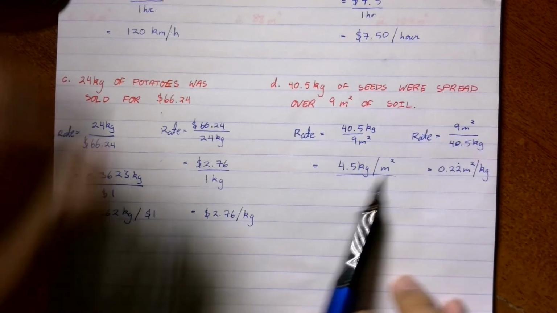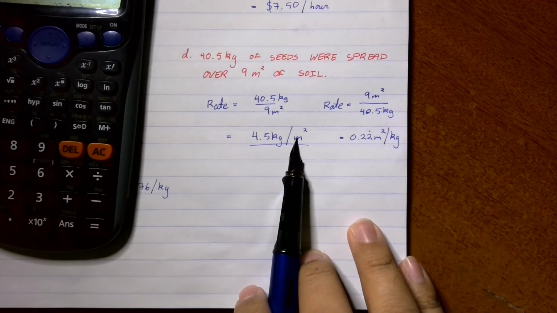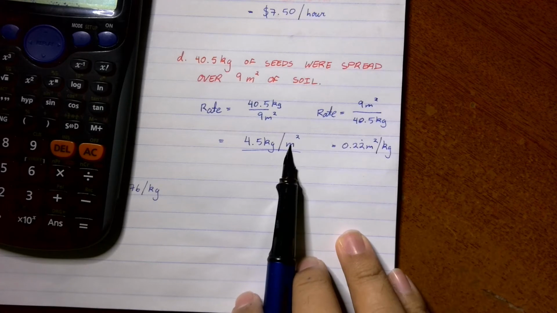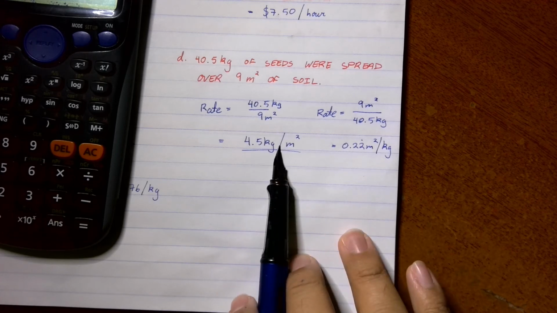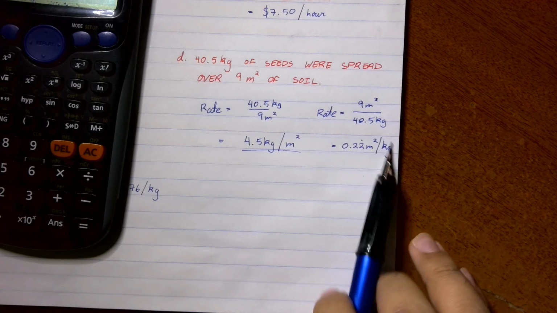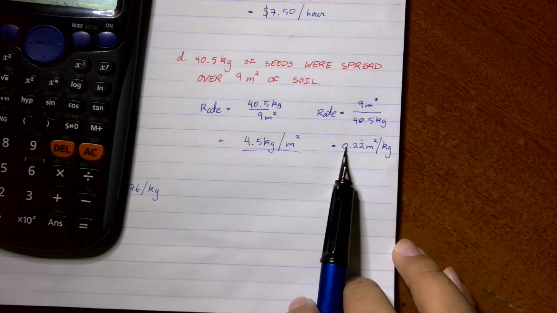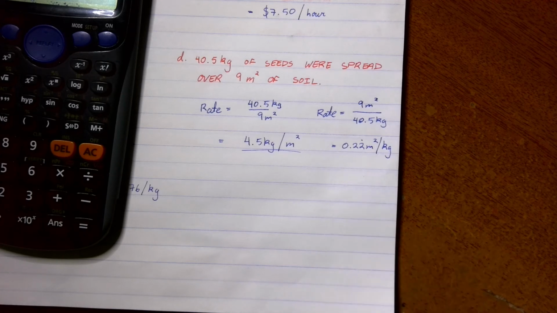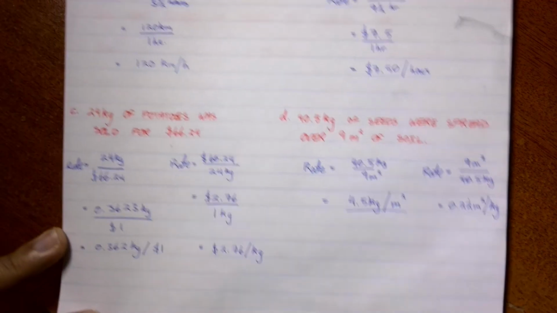So in this one, what this is saying, if I had 1 square meter of soil, I need 4.5 kilograms to fully cover it. But if I had 1 kilogram of seed, I could cover 0.22 meters squared of soil. So both of these indicate some sort of rate.